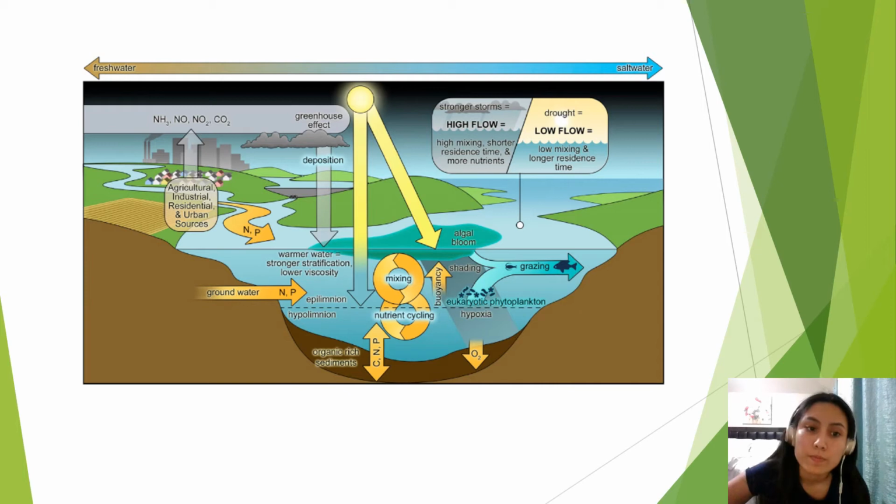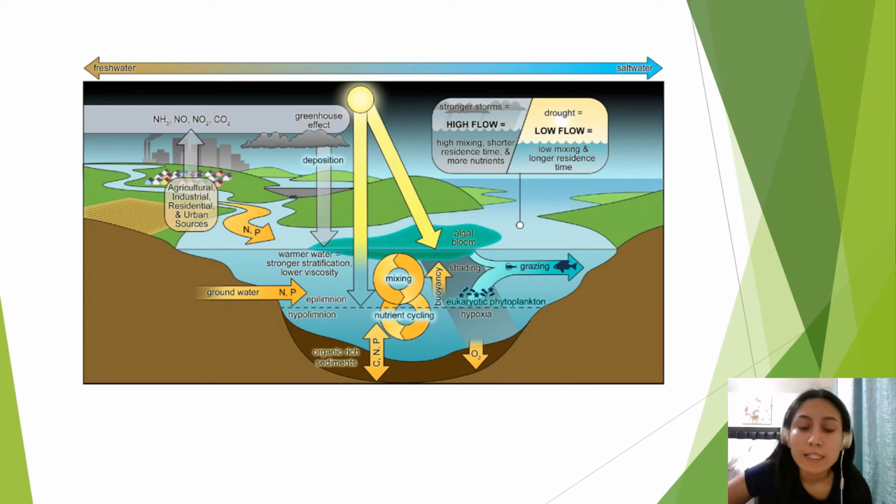So these agricultural areas use, for example, fertilizer, which causes an increase in the amount of nutrients on the soil, and the soil ultimately runs off into the bodies of water and increases the amount of nutrients within the body of water, leading to the increase in the amount of algae in the body of water.